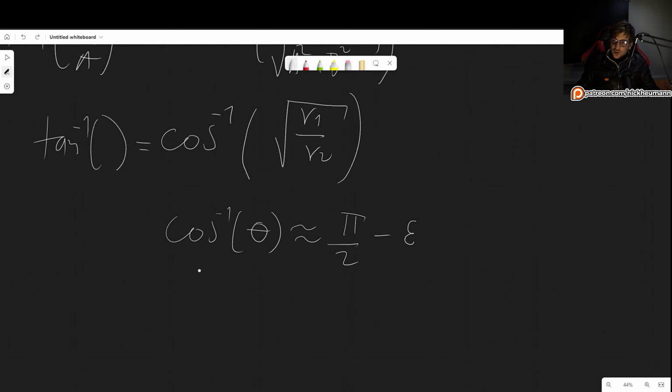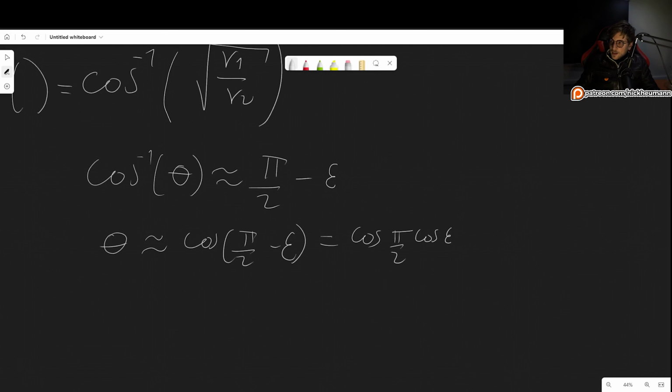So let us apply the cosine on both sides. So theta is cosine of pi over 2 minus epsilon. Now we know how to deal with a sum or a subtraction inside of a cosine. This is cosine of pi over 2 times cosine of epsilon, since cosine is an even function, plus sine of epsilon times sine of pi over 2, since the minus sign comes out of the sine and cancels the existing minus.